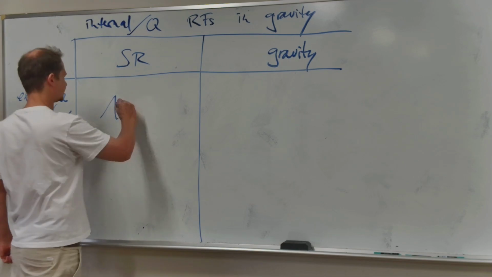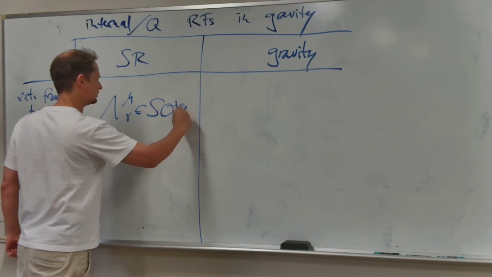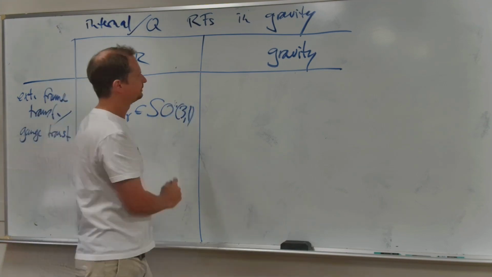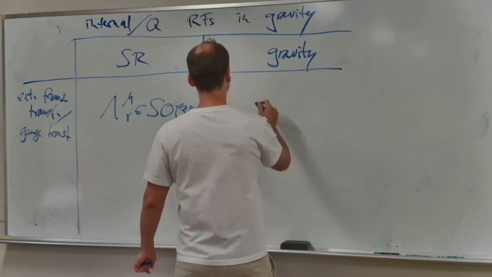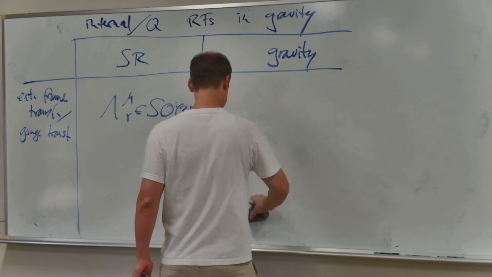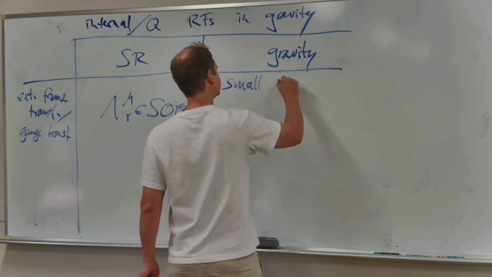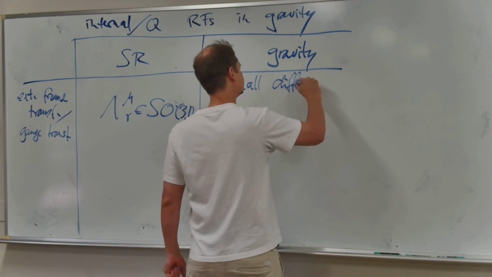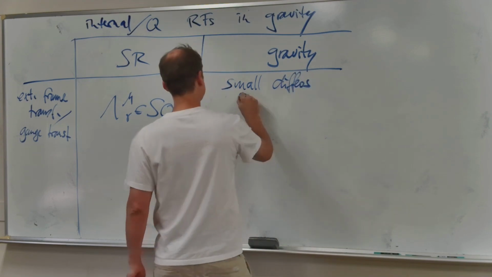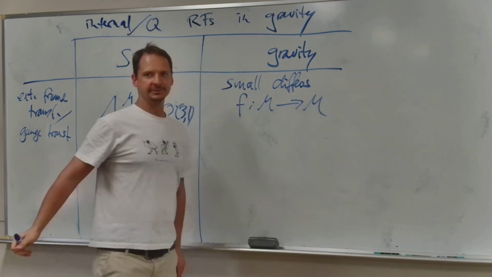So here we have lambda nu in SO(1,3). Now we're going to have small fields. So I have M to M, where M is your space time.